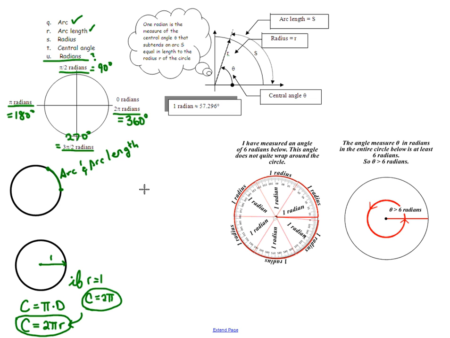Let's say I want to build my own radian at home. So what you do is this. You get a can, like one of those coffee cans, and get a piece of spaghetti about the length of the radius. So you can build your own radian at home.